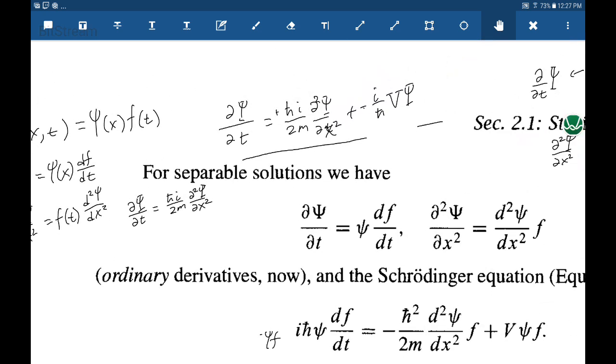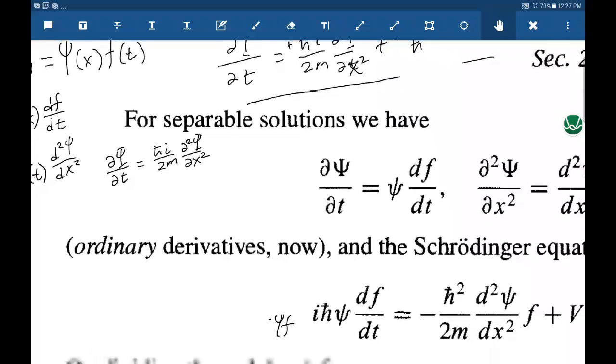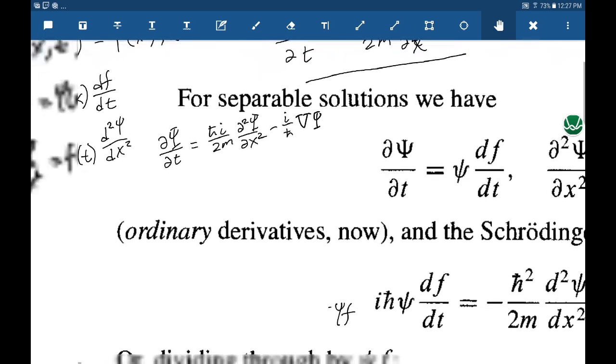And let's see, that's going to be minus i over h bar times psi. Probably still messed up the sign there. Okay, then we just straight up replace that.